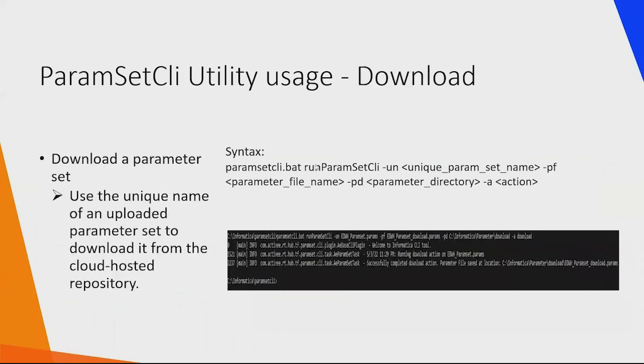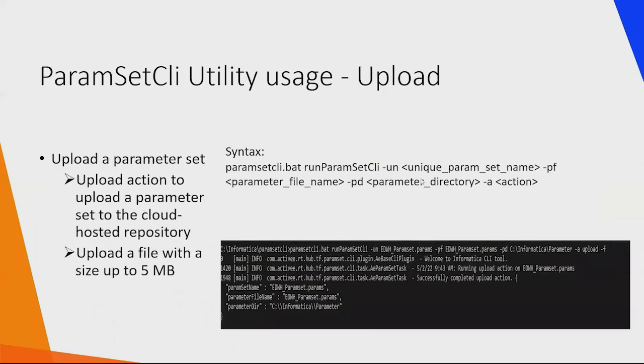You can download that as well. Let's say there is some parameter set which has already been uploaded to the cloud hosted repository, and you don't have a copy of that. As I said previously in the upload section, you first create a file which you store locally, and then upload it through the command line to the cloud hosted repository.